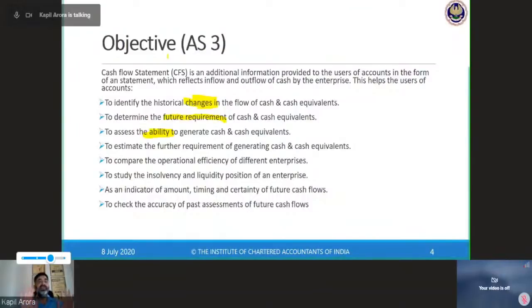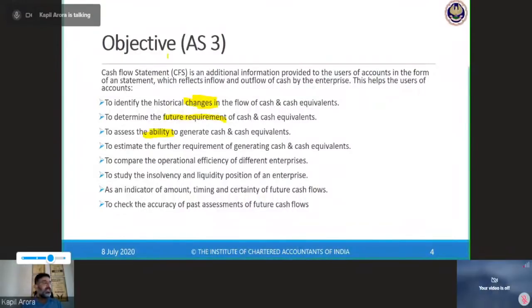If we don't do that bifurcation, I have shown you that the reader of the financial statement may feel that the company is performing very well. But actually that was not happening. We are not generating enough cash from the business. We are actually taking the loan and that loan is going to add further interest. So that is the ability the company has to assess.